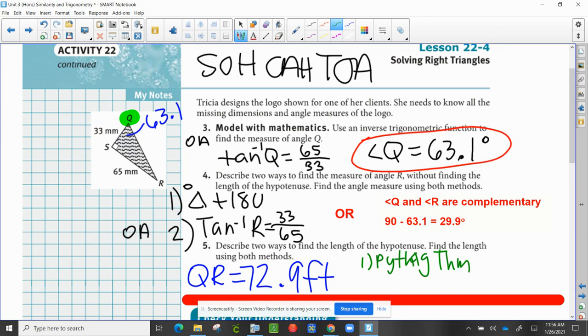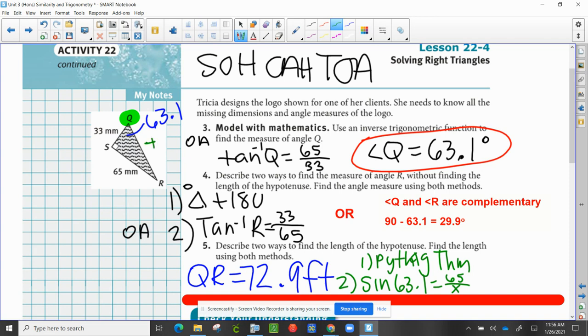So let's see, QR. I know the angle Q was 63.1, so that would be opposite over hypotenuse. You can use the sine function. So the sine of 63.1 is equal to 65 over x. There's one way to do it. We also know the adjacent side if we have to solve for the hypotenuse.